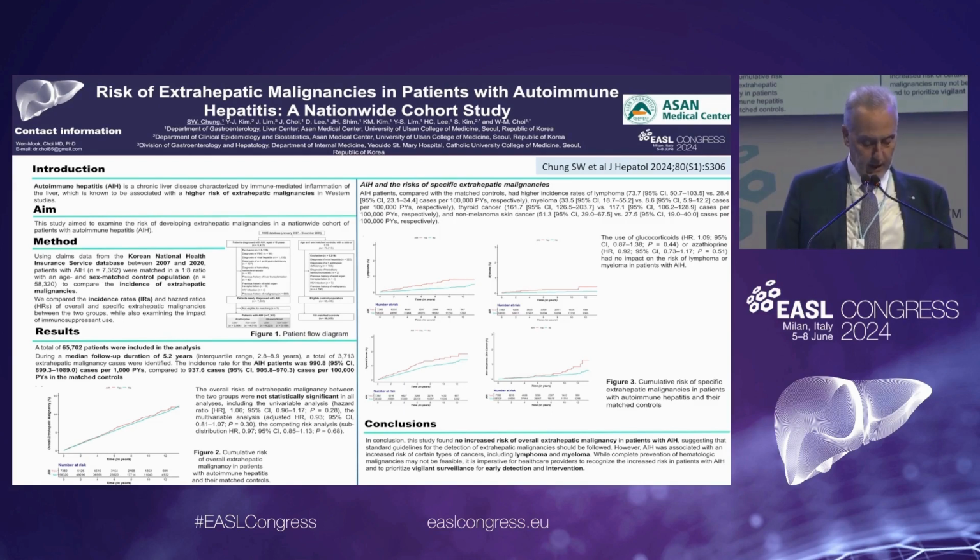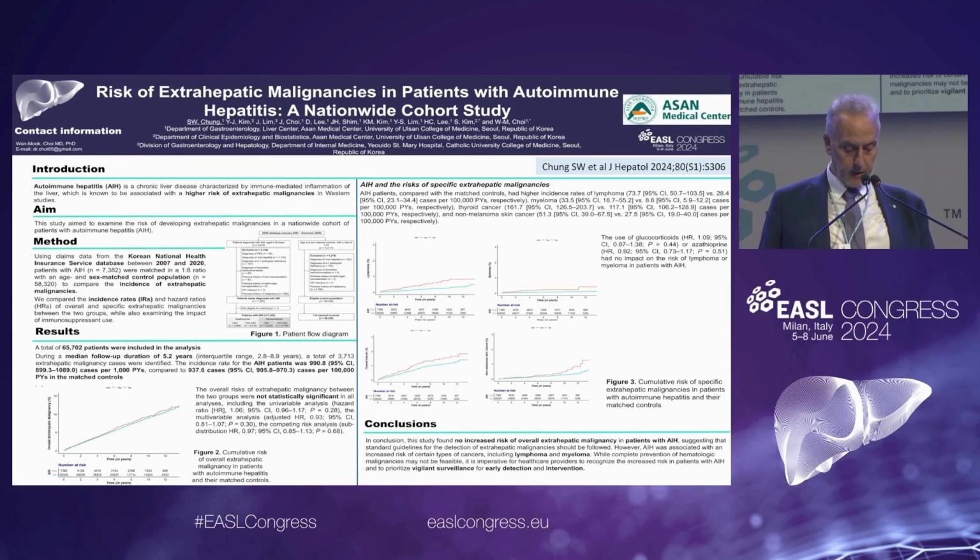The results showed that the overall risk of extrahepatic malignancy between the two groups was not statistically significant. However, autoimmune hepatitis was associated with specific extrahepatic malignancies, namely thyroid cancer, non-melanoma skin cancer, lymphoma and myeloma, with the last two not being associated with the use of immunosuppression.